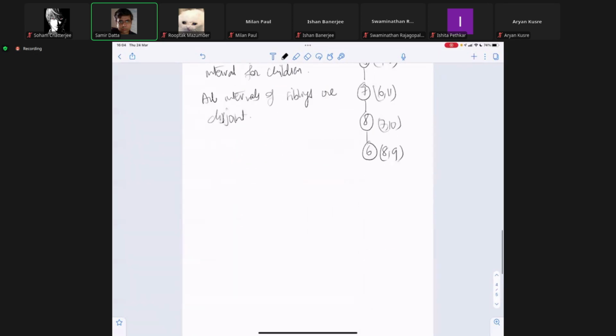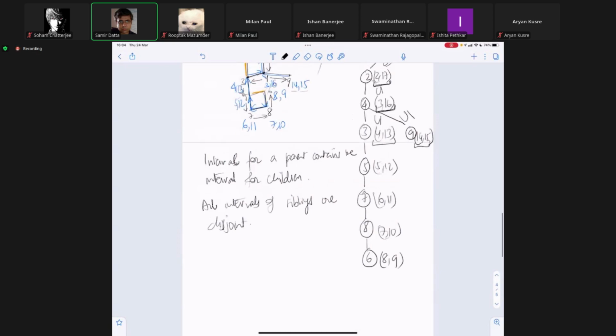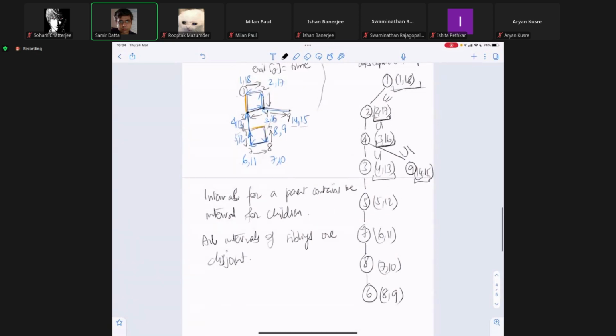So if you draw these intervals, you would have a large interval for 1, from 1 till 18. And then you would draw this 2, 17. And then you would draw 3, 16. So this implicitly defines a tree, correct? 4, 13. Let me draw it.